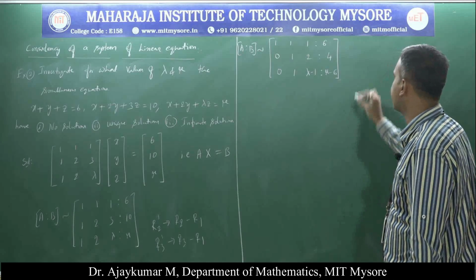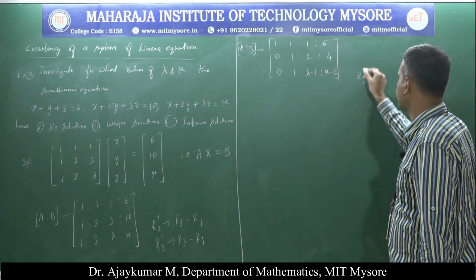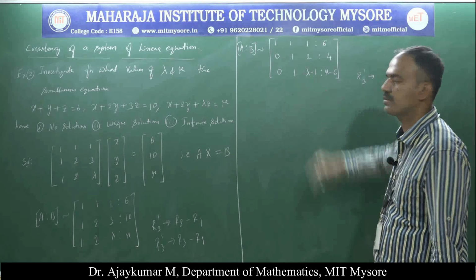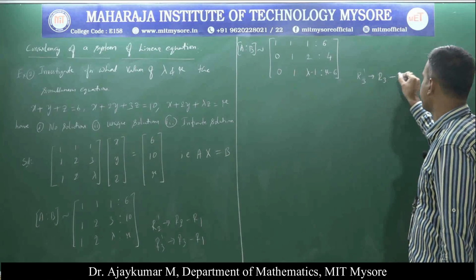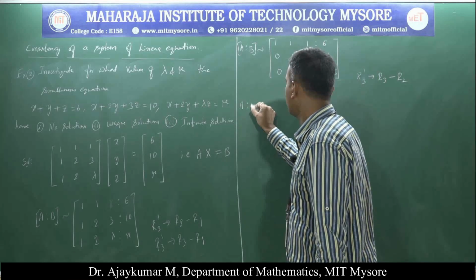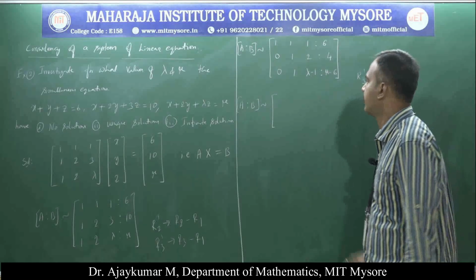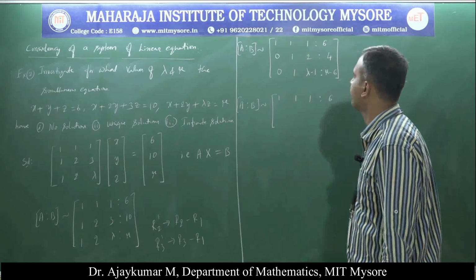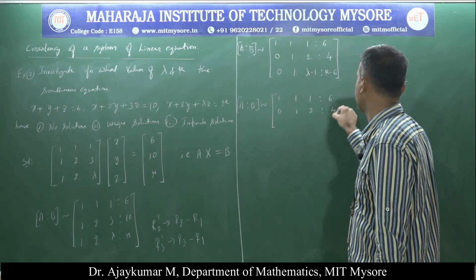One more step: apply the transformation R3 dash as R3 minus R2, to make a particular element 0. Now the first and second rows have no changes, the same elements.